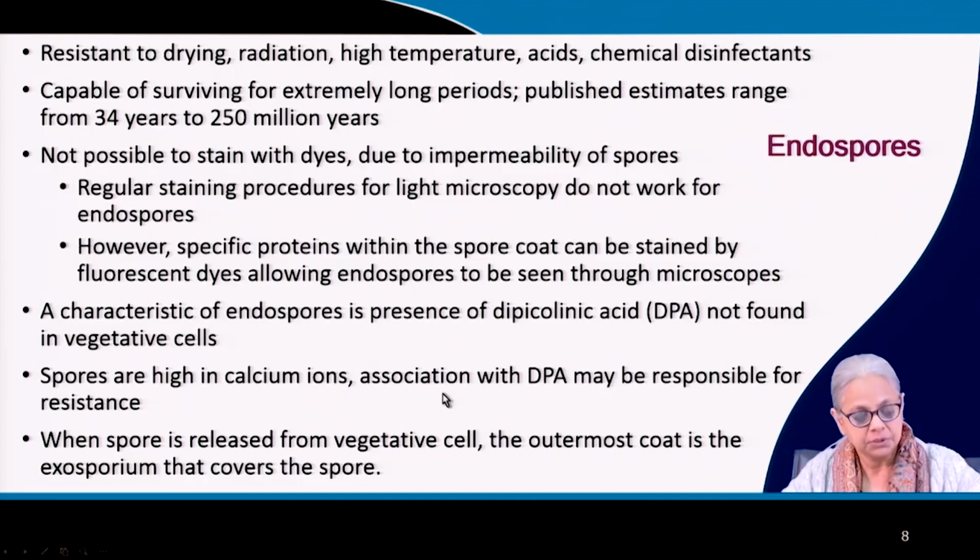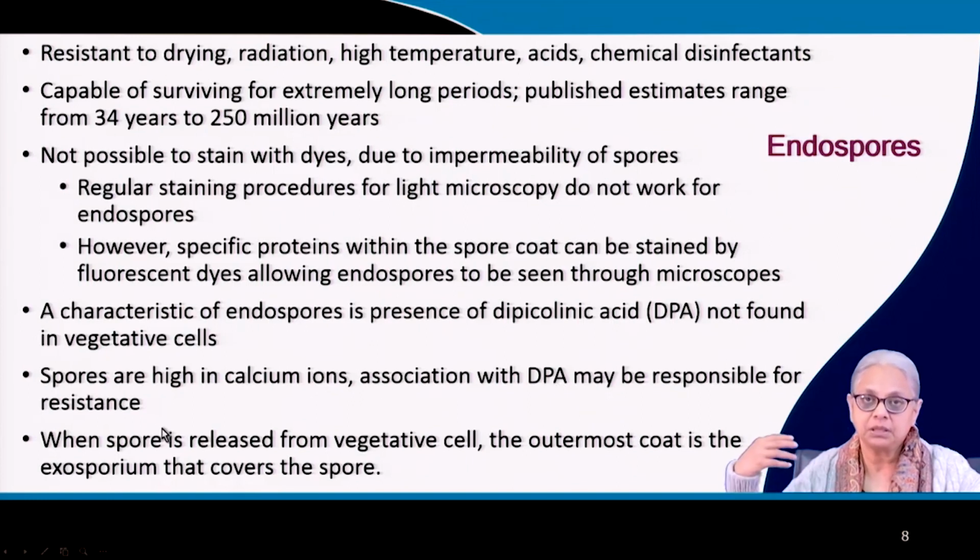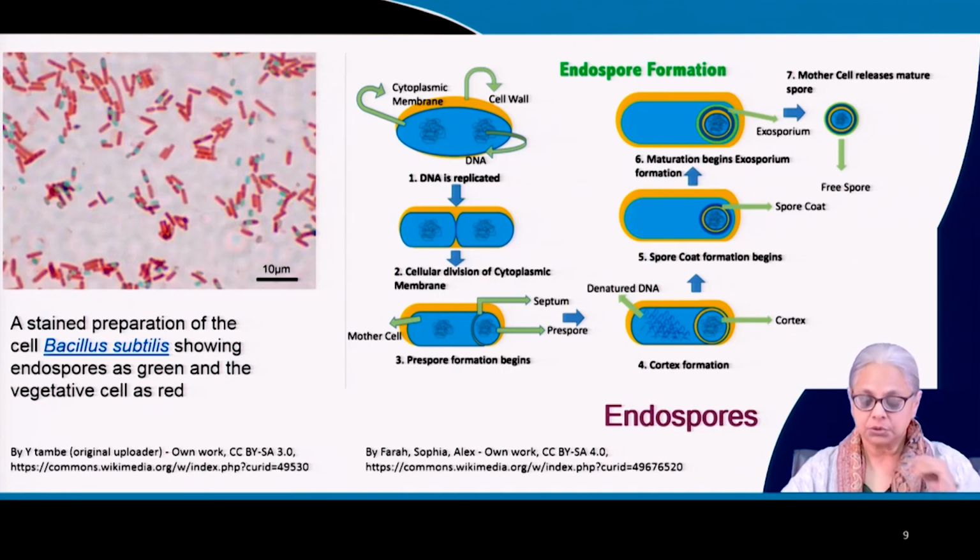And the calcium is assumed to be associated with DPA, and that may be providing resistance of the endospore to all these hostile conditions that are mentioned at the top. When the spore is released from the vegetative cell, the outermost coat is called the exosporium that provides protection to the spores.